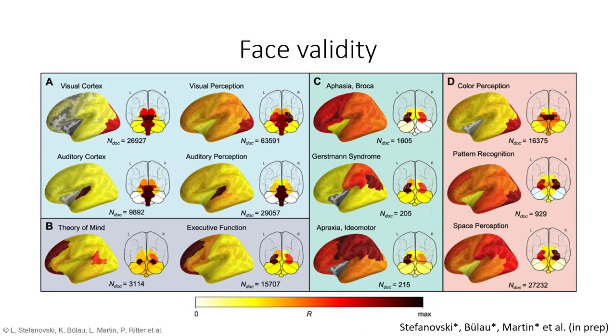There we can map neuropathologies. And we can also map different pathways: the dorsal stream for pattern recognition, and the ventral stream for space perception.